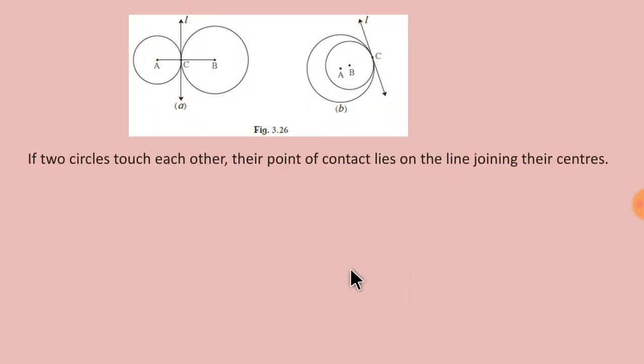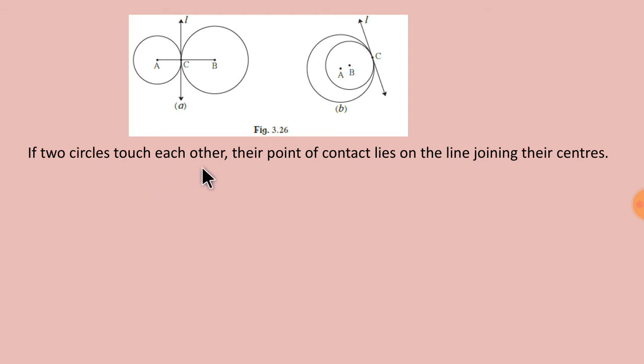Now if two circles touch each other, their point of contact lies on the line joining their centers. If two circles touch each other, जर दोन वर्तुळे एकमेकांना स्पर्श करत असतील तर their point of contact, means in this diagram C is the point of contact. C हा काय आहे? कॉन्टॅक्ट पॉइंट आहे. It lies on the line joining their centers.